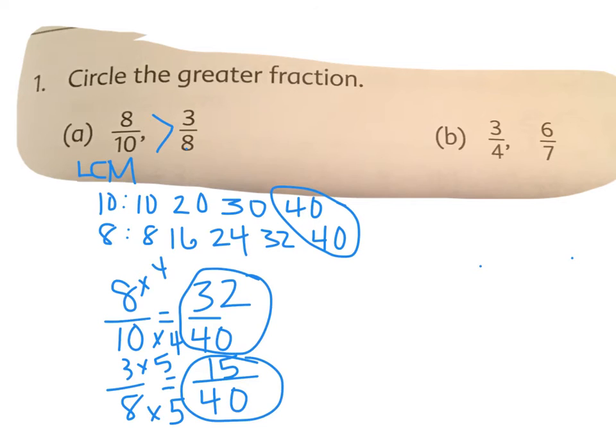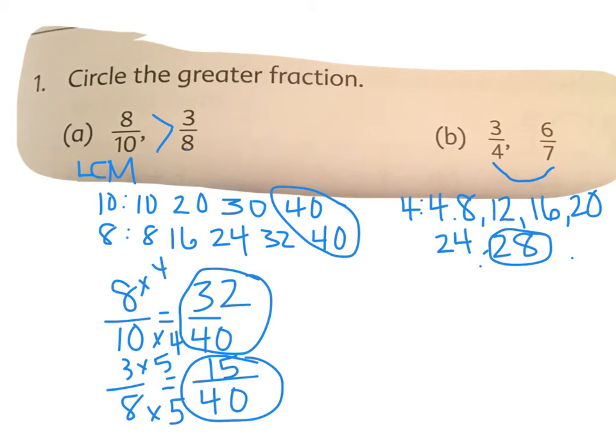Okay, now let's take a look at 3/4 and 6/7. So what is the common denominator with 4 and 7? Say it with me. 4, 8, 12, 16, 20, 24, 28.